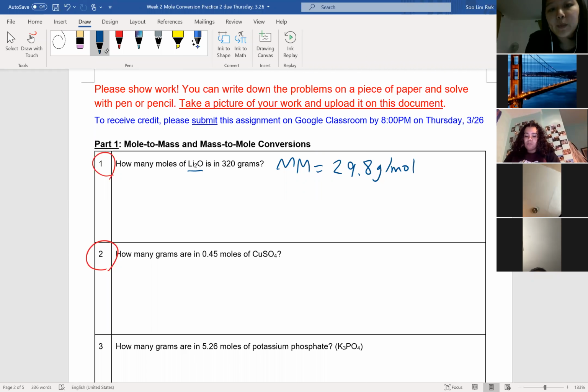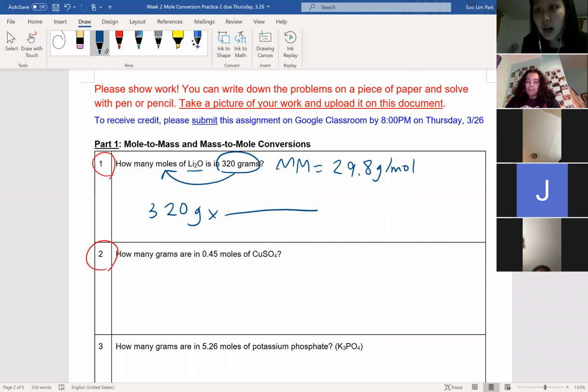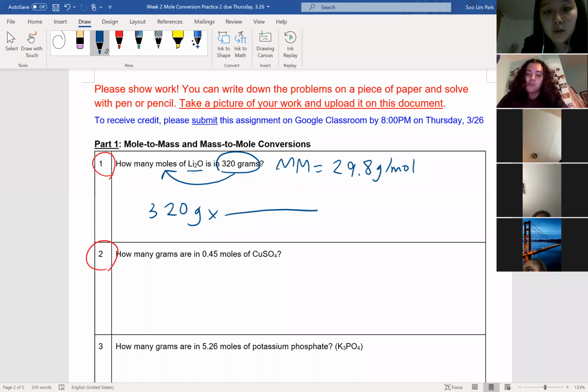We're given grams and we want to convert to moles, so we're going to divide by molar mass. We put the number on the bottom so that grams cancel out.